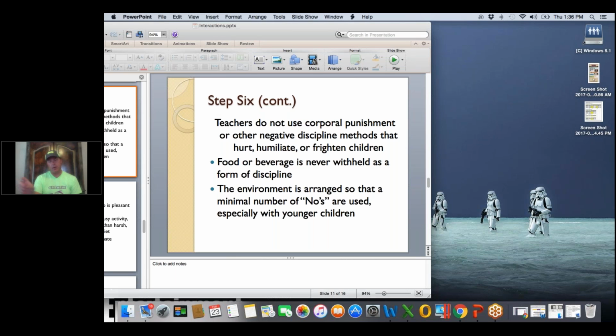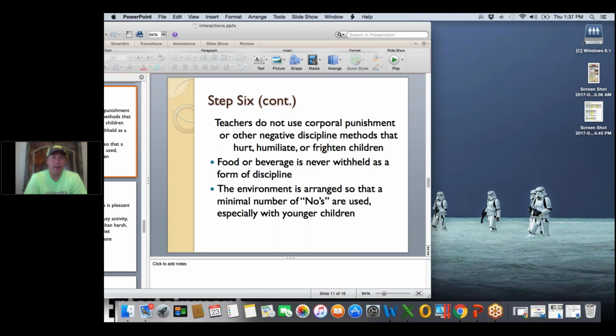And then here's the big one on number 6: I challenge y'all to create an environment where you do not use the word no. Okay? Here's a fun activity for y'all. I challenge you just one day, so maybe tomorrow's Friday. I want you to get a piece of paper and a pencil and keep it handy.